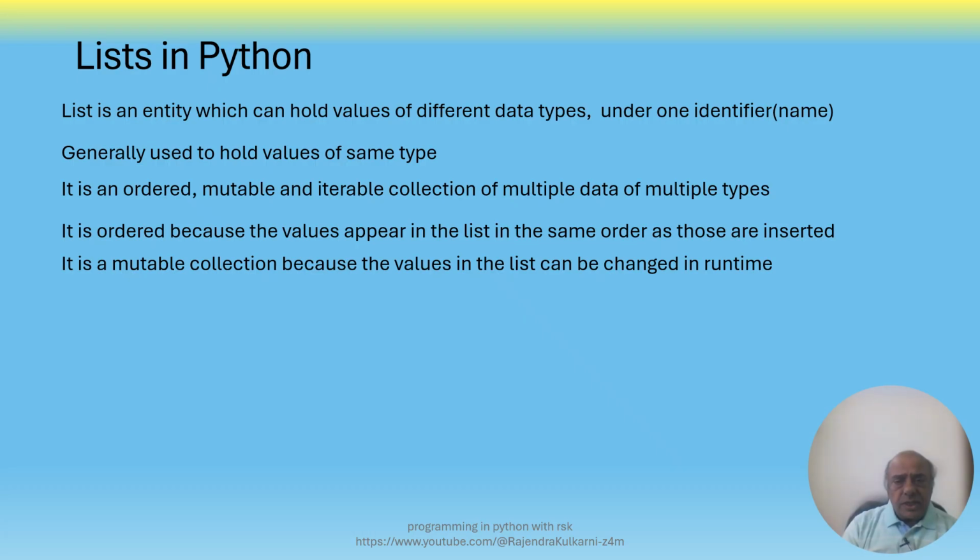During the program we can change the values at the locations occupying X, Y and Z by any other value of our requirement. So it is mutable, we can change the contents of a list. Also we can iterate through a list using index. So it is called an iterable collection.